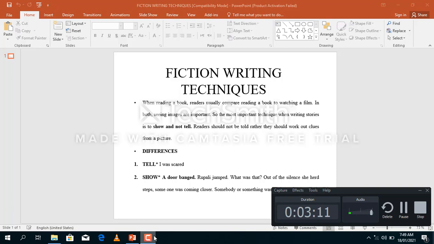When you're reading, it should be like you're watching. You should be drawn into the novel, into the story. In both, seeing images is very important.